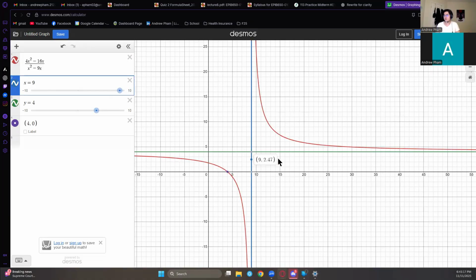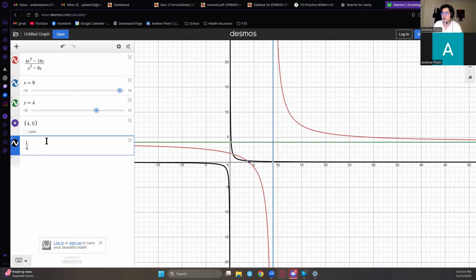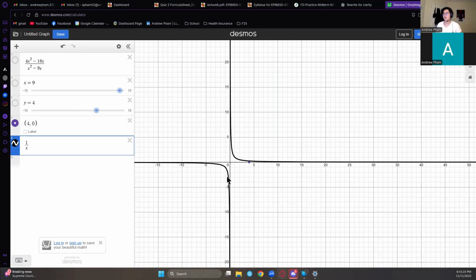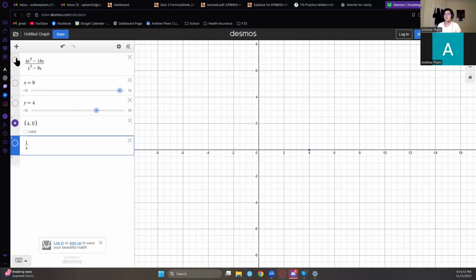But yeah, this is the shape of the graph, and you can compare this to the graph of 1 over x. If I hide this for a second, you can see that the overall shape is symmetric about the origin. And we found that by simply substituting in minus x into f. So you're either going to have this shape on the left or right half of your graph.